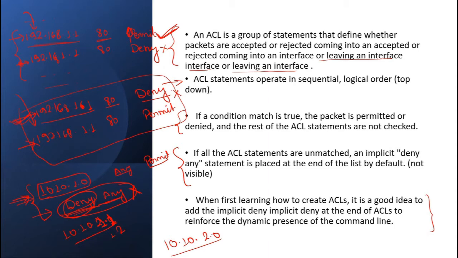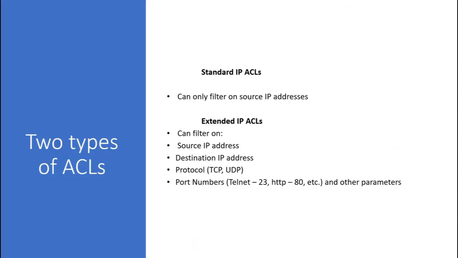Okay, let's learn more about it. There are two types of access control list, that is standard IP ACL and extended IP ACL. Standard IP ACLs can filter only with the source IP address. I'm not sure whether some time ago I said source and destination both, or only source, but this is the correct one.